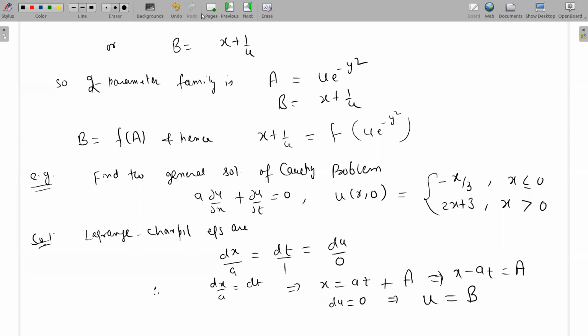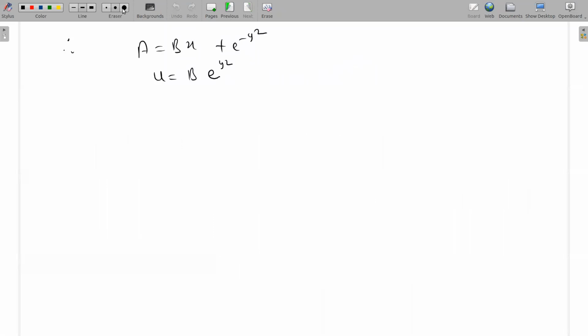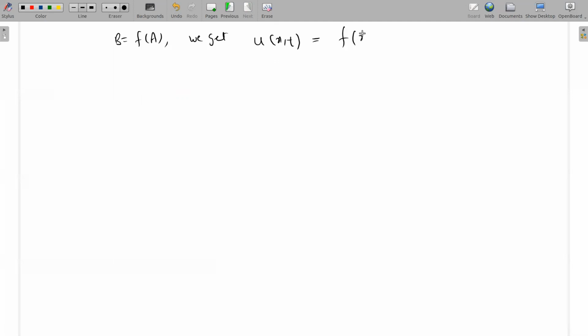So by specifying b as a function of a, by writing b as a function of a, we get u equal to f of x minus at, where f is any arbitrary function.